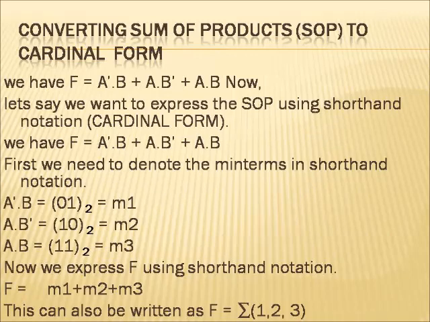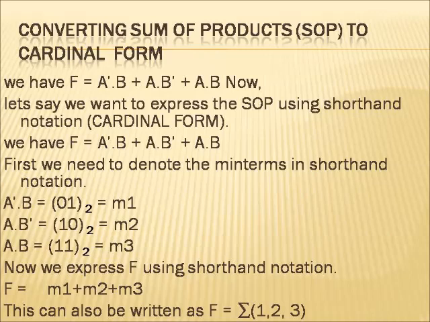Okay, here we can see the conversion of sum of products to its canonical form, right? So an expression is given, f is equal to a bar dot b plus a dot b bar plus a dot b, right? So it contains three min terms, that is a bar dot b, second one is a dot b bar, and third one is ab.